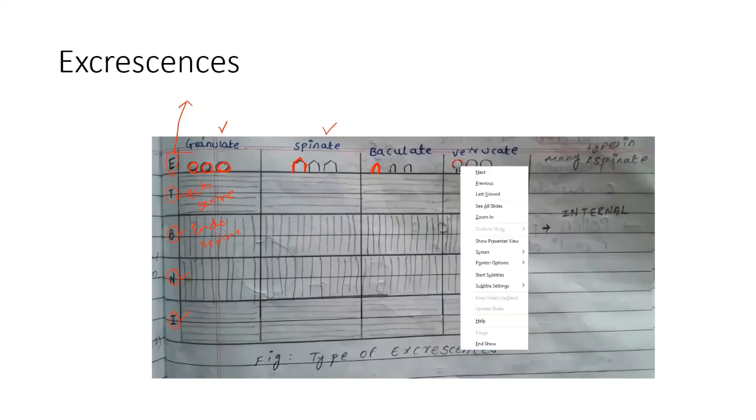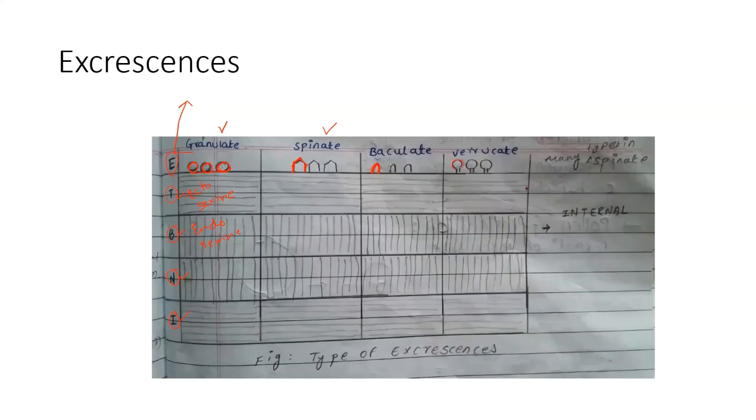Third one is baculate. Now why is it called baculate? Because it looks like rod-like deposits, that is of bacula. And that's why it is called baculate. It has got blunt ends, whereas spine has got pointed ends. And the fourth one is referred to as verrucate.